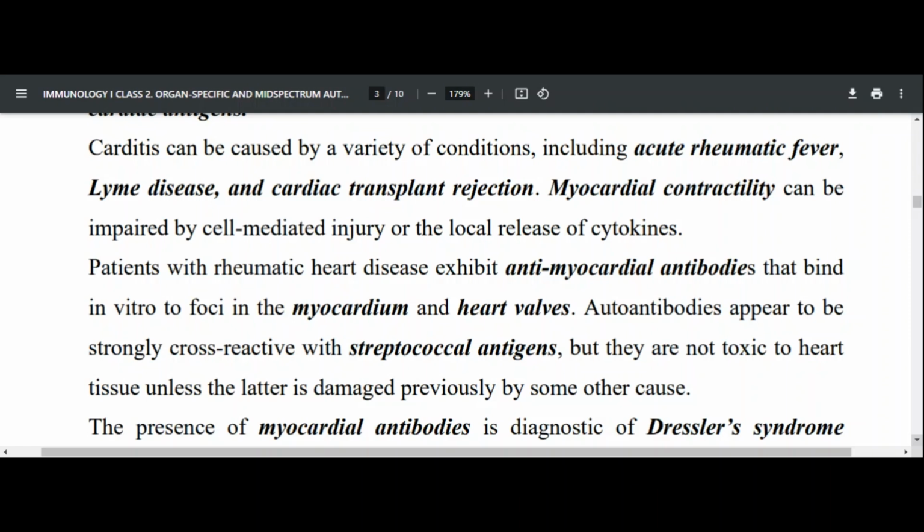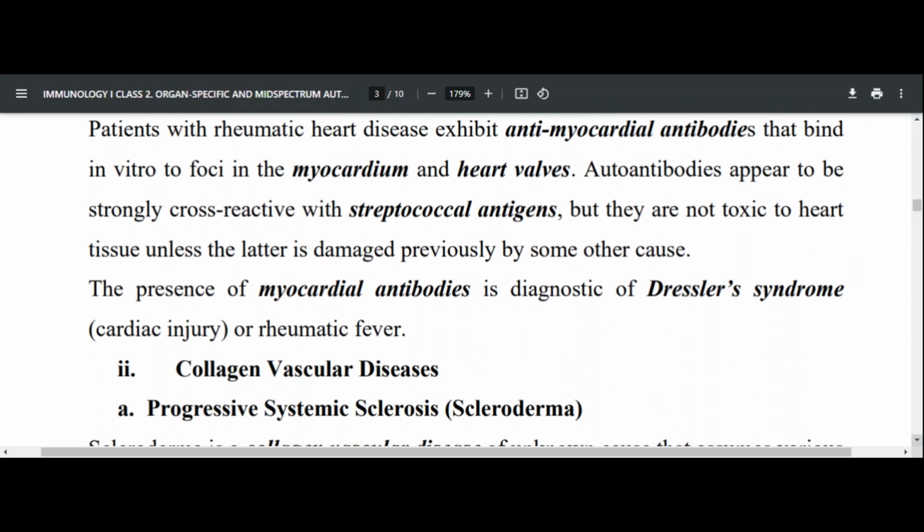So the presence of myocardial antibodies is diagnostic, especially for autoimmune cardiitis, which is, of course, Dressler syndrome. Dressler syndrome is seen after cardiac injury or rheumatic fever. You find anti-myocardial antibodies. Anti-myocardial antibodies are diagnostic of cardiac injury or cardiitis.